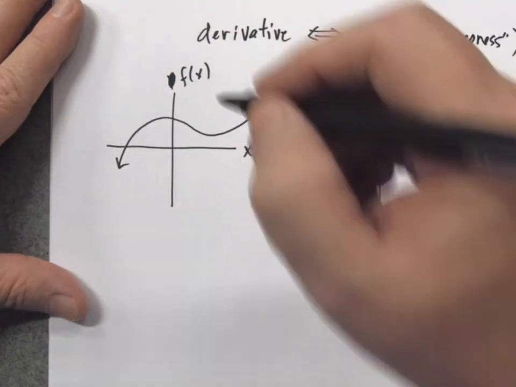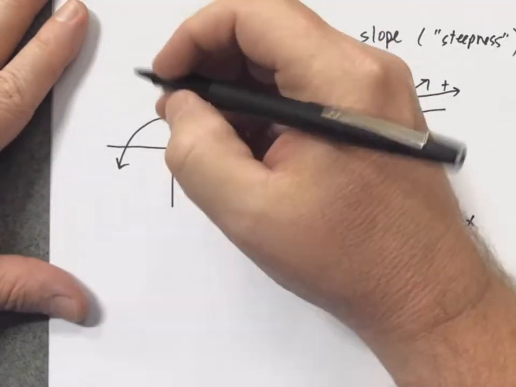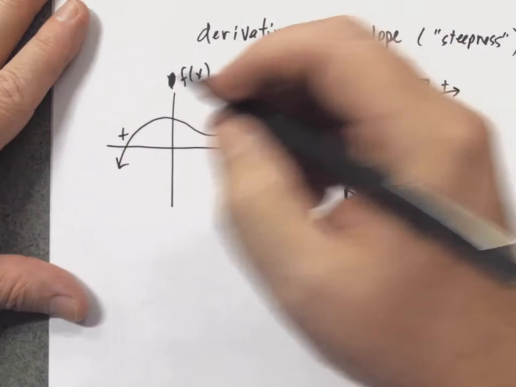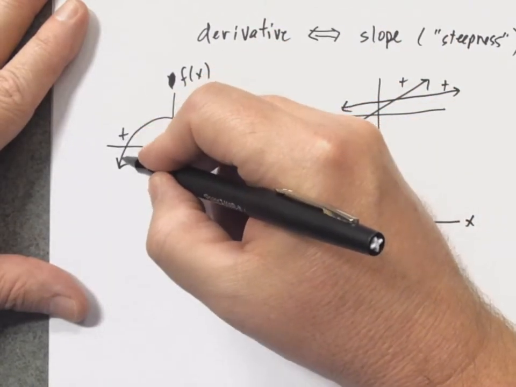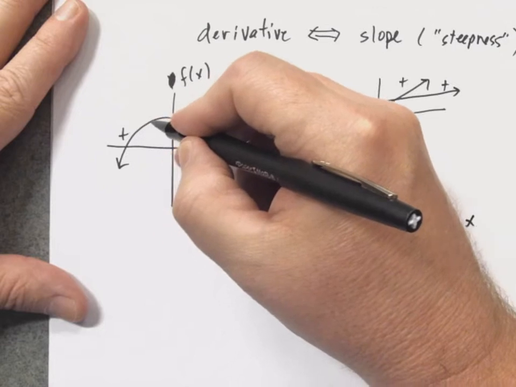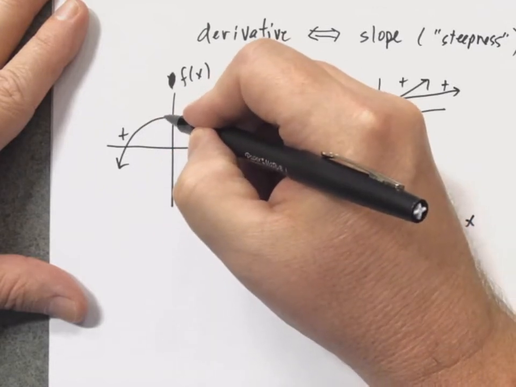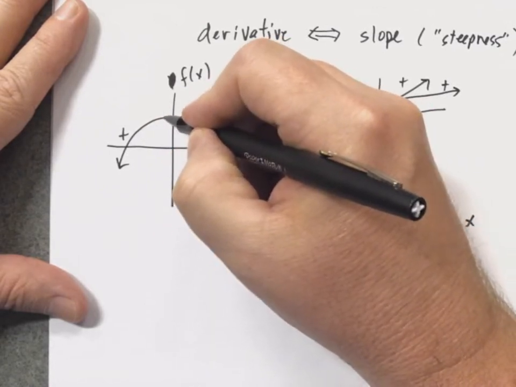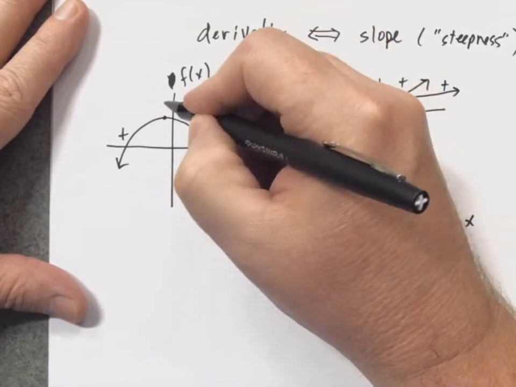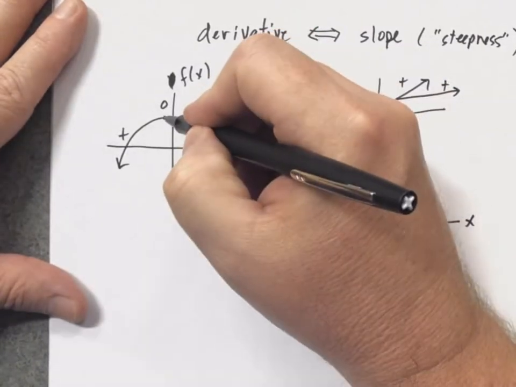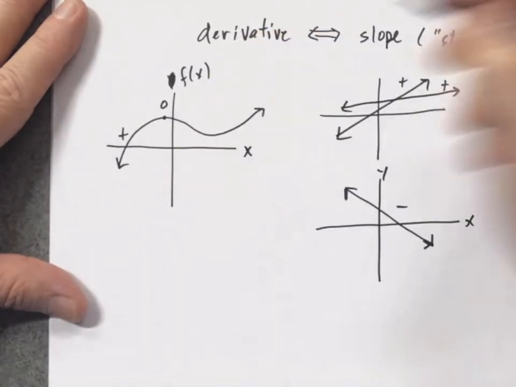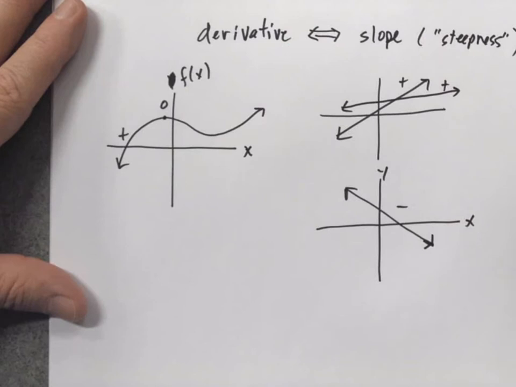So in terms of the first derivative or the slope, we can think of the first part of this graph, the slope is positive or the first derivative is positive. We get up here to the maximum, and actually what we say about the slope or the first derivative at the absolute top of this curve is 0.